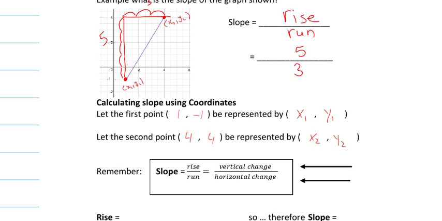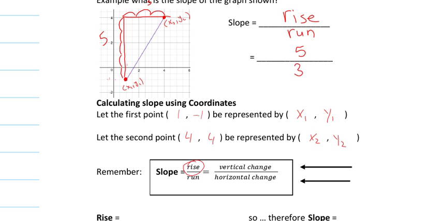Now, rise means which way? Is it changing vertically or horizontally? If I'm talking rise. Up. Up, that means vertical or horizontal? Vertical. That's right. So, remember that the rise means the vertical change. Right? And the run means the horizontal change. Okay?